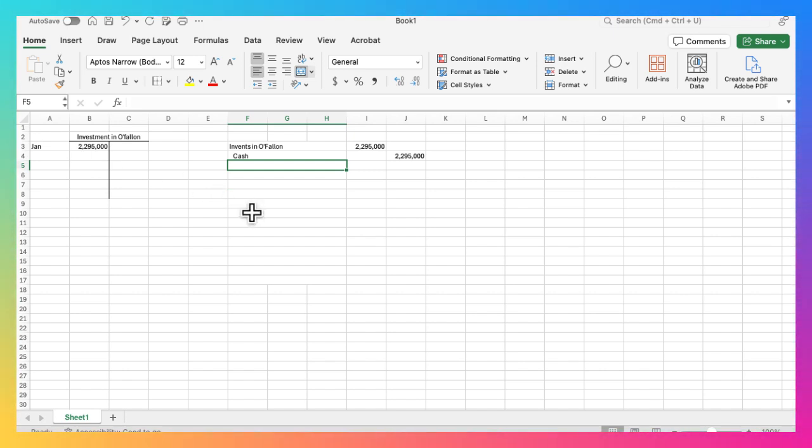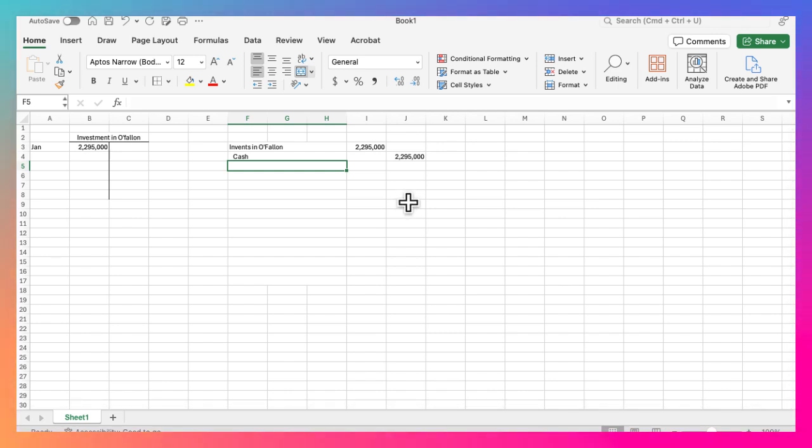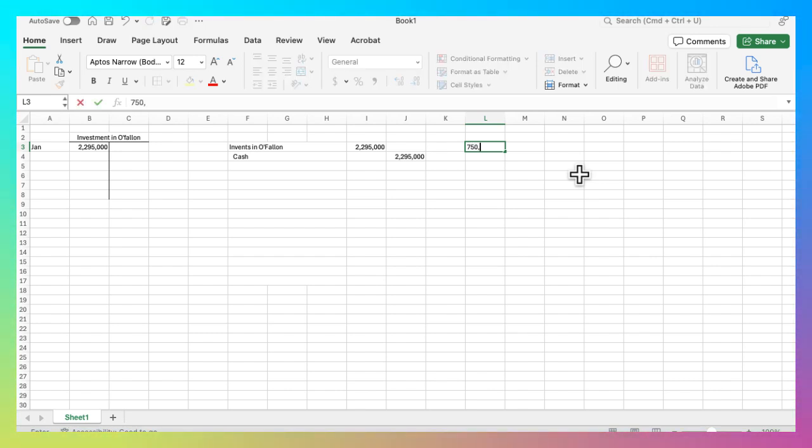Okay, now the next thing we need to do is calculate the net income, or more specifically, Belleville's portion of O'Fallon's net income. Well, they tell us in the problem that in the year O'Fallon reported net income of $750,000.